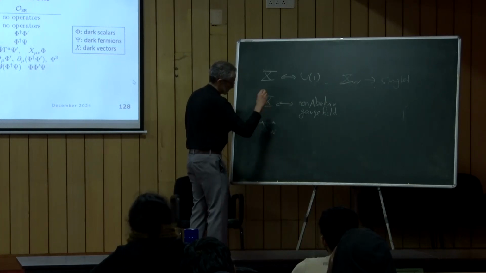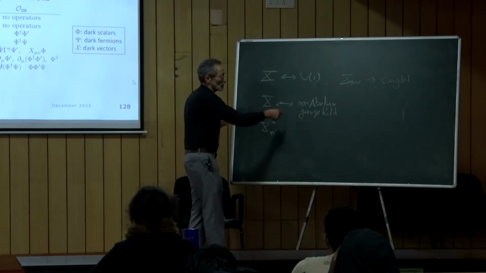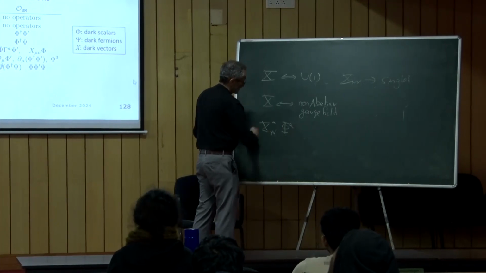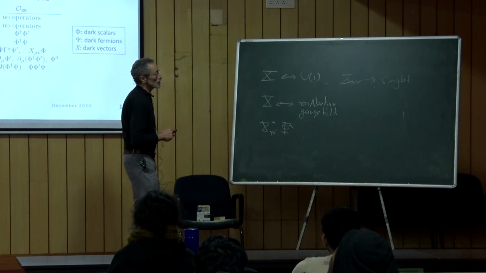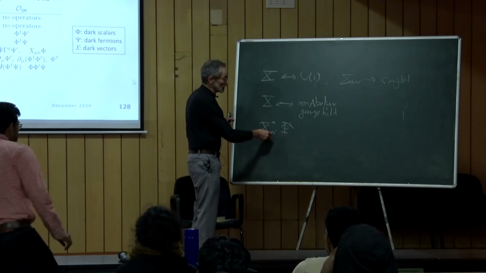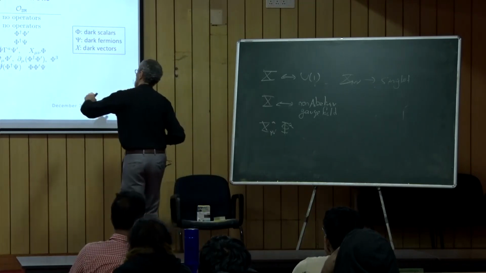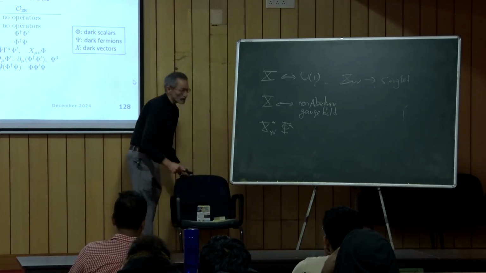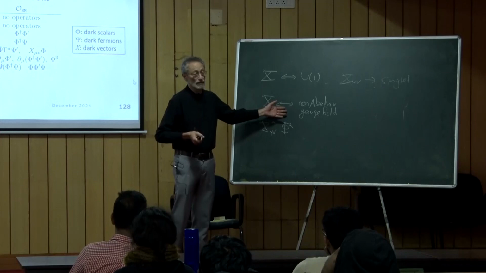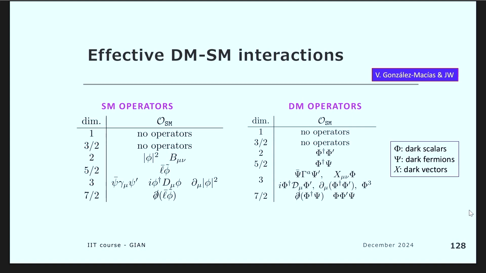If phi A also transforms non-trivially under this gauge group, whatever it is, in the adjoint, this object will be a singlet under the non-abelian gauge symmetry, and therefore it is acceptable. I bring this up just to illustrate the fact that the symmetry in the dark sector doesn't have to be a global symmetry. It can even be a local symmetry, provided none of the particles are singlets under it.